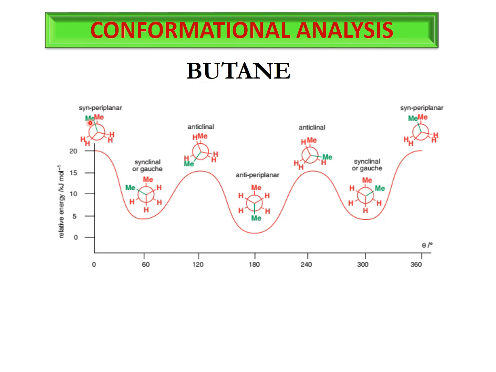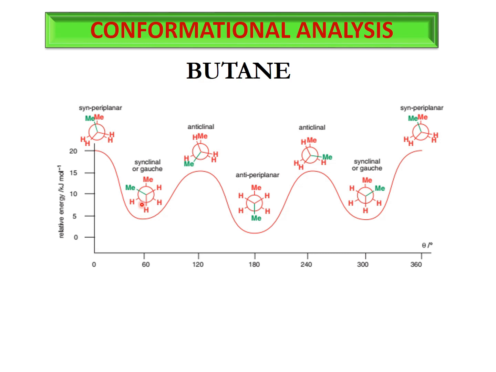So the energy lies right up here, and then when you rotate the molecule through 60 degrees, the groups are staggered, but the methyl groups are closer to each other. It's a synclinal or gauche staggered conformation. The methyl groups are closer, they are at 60 degrees dihedral angle, but because the groups are staggered, the energy goes down.